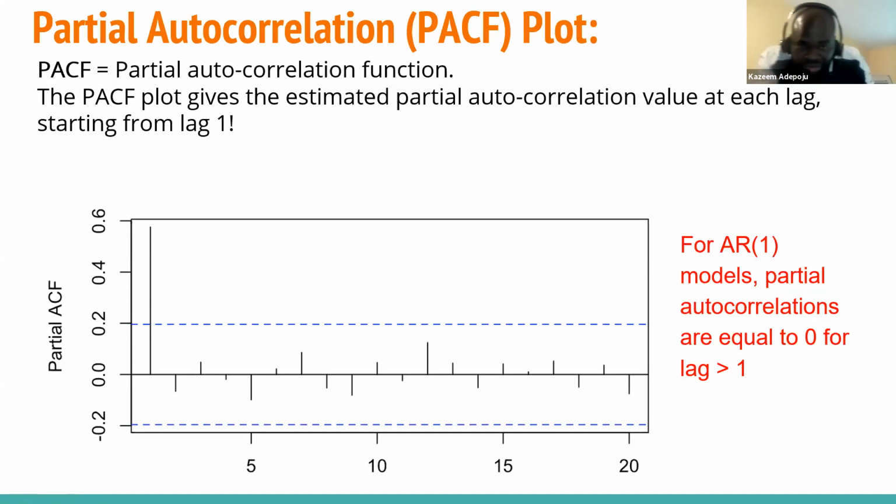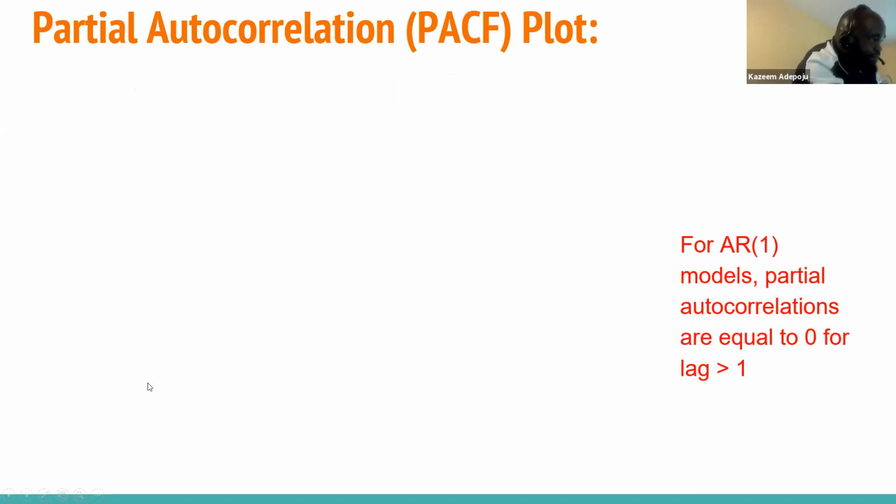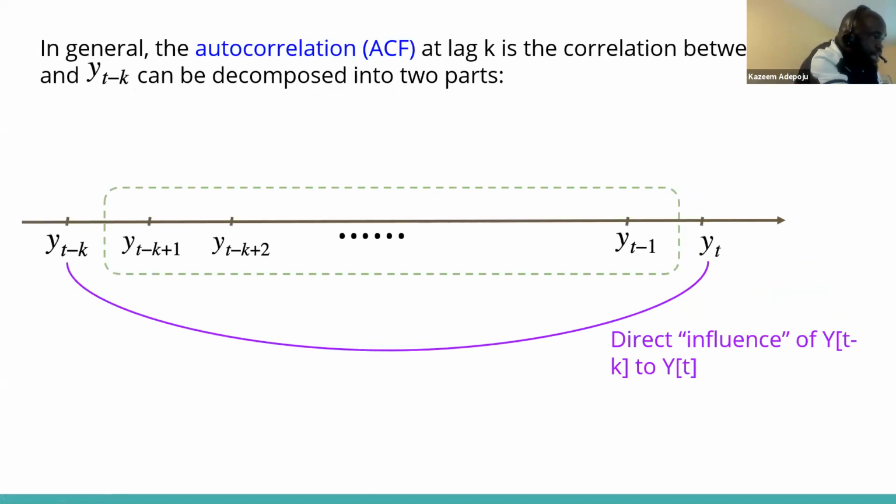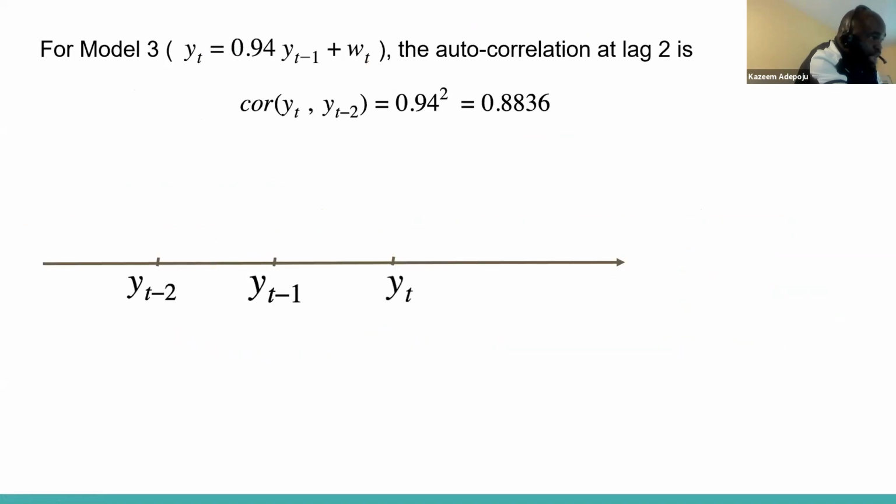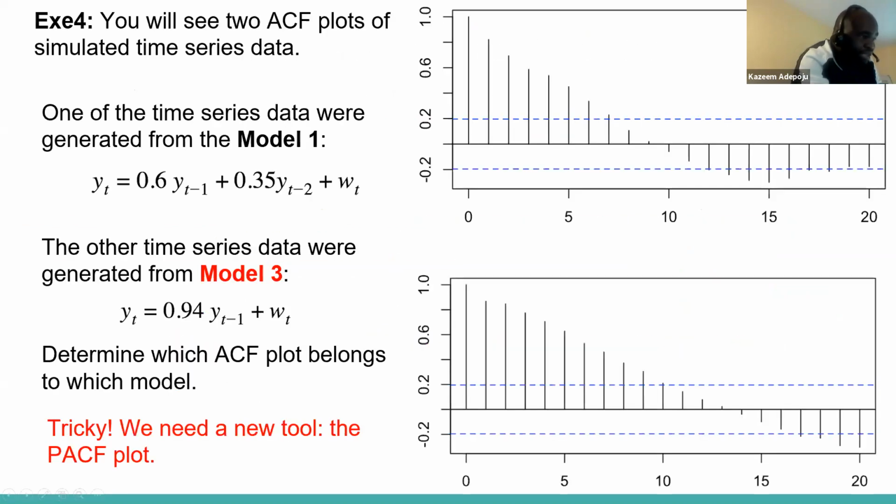But take a look at the difference: this does not start from 0. If you look at the ACF, the autocorrelation plot will start from 0. Look at that. Can you see 0 right here?